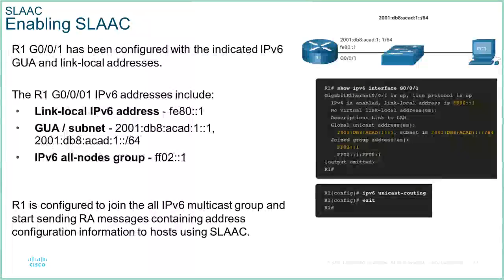So we know that this will start giving addresses out automatically. All we need to do is turn IPv6 unicast routing on globally on the router, and those router advertisement messages will start being sent using SLAAC.